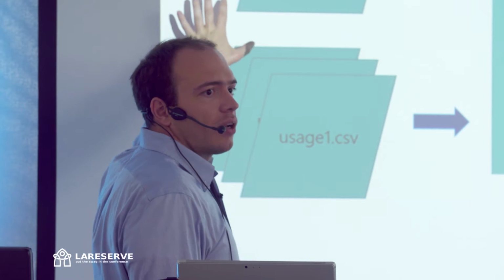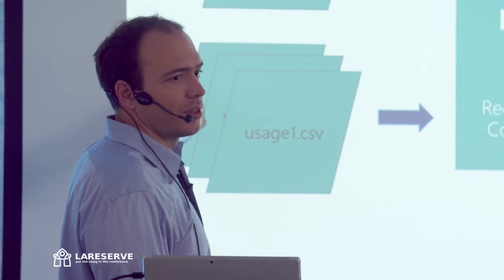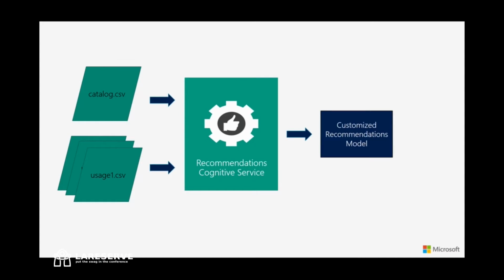We need a catalog of all the different items in our repository and historical usage. From that alone, we can make customized recommendations, either for a specific user based on their history, or for a specific product based on what other products people who use that product also used.